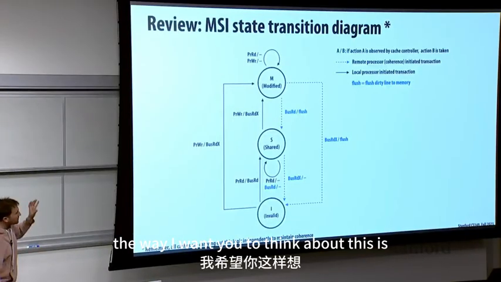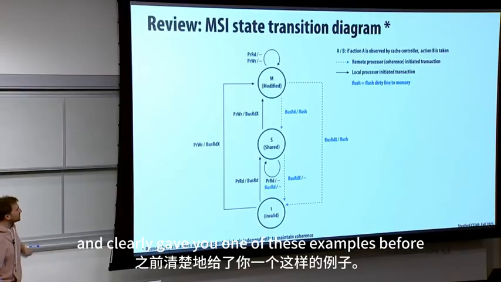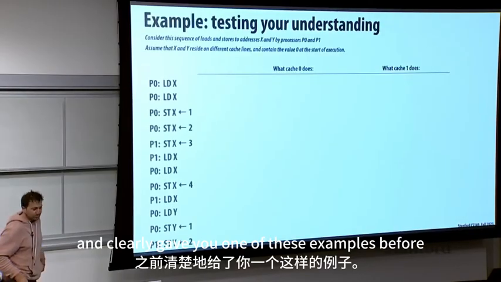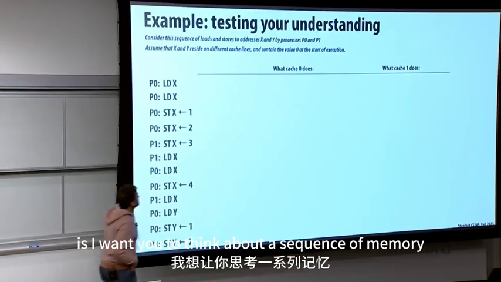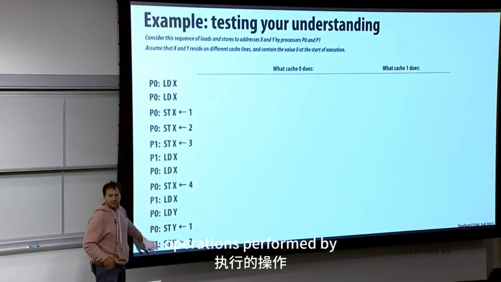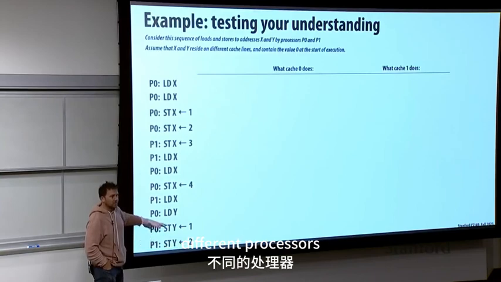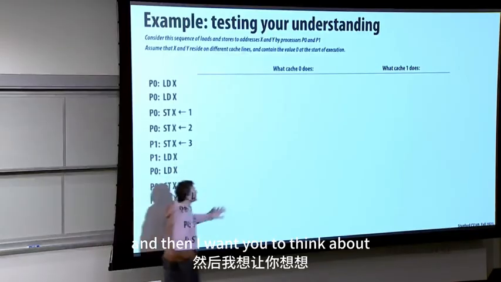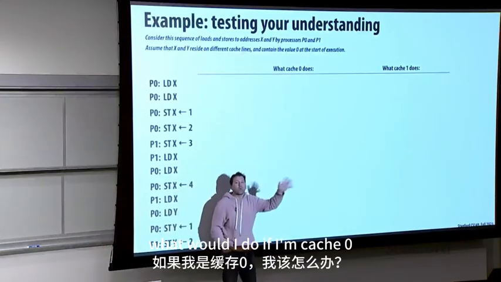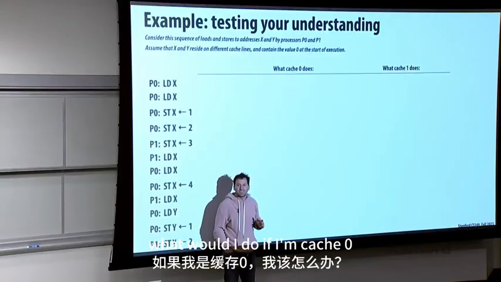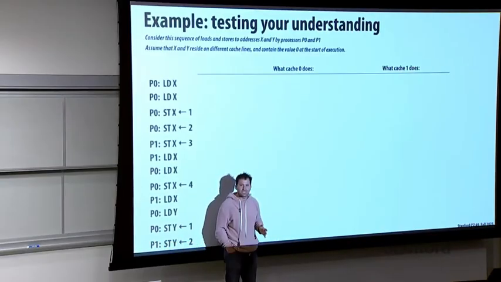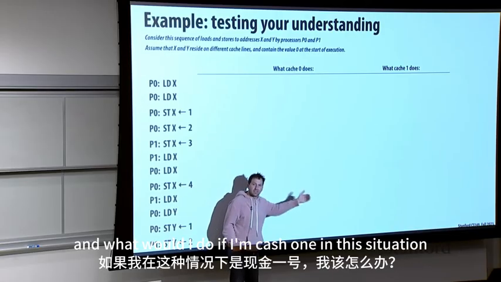So the way I want you to think about this, and Kunle gave you one of these examples before, is a sequence of memory operations performed by different processors or different caches. Then think about what I would do if I'm cache 0 in this situation, and what I would do if I'm cache 1.